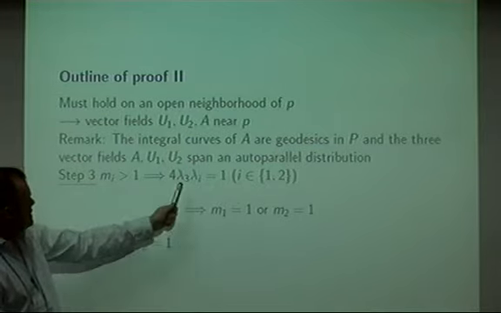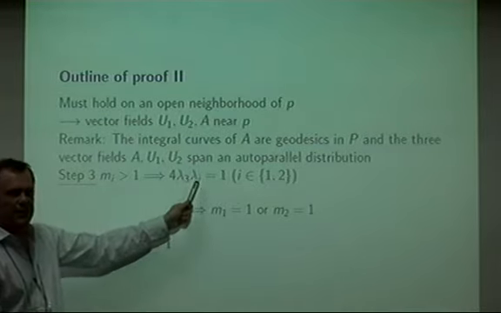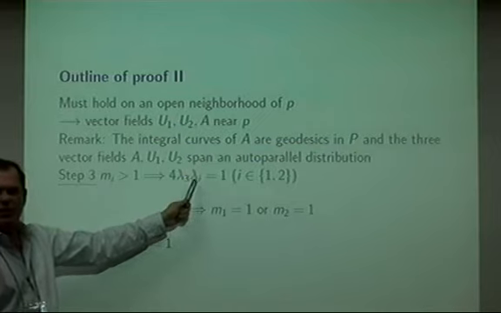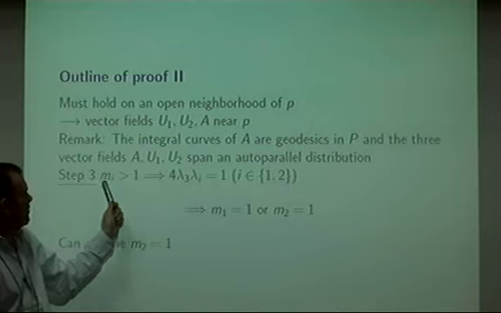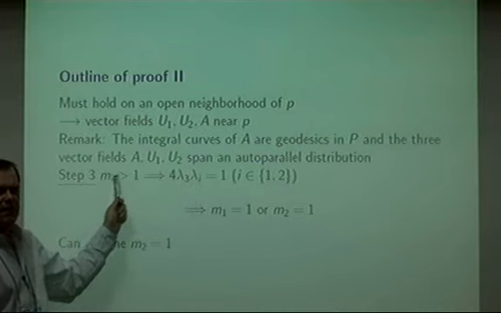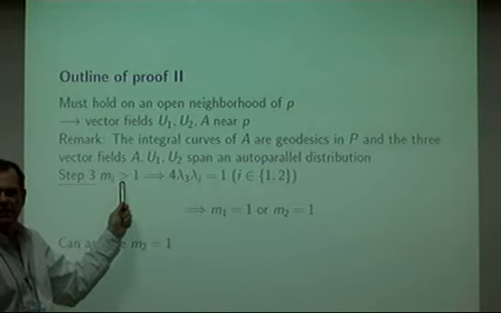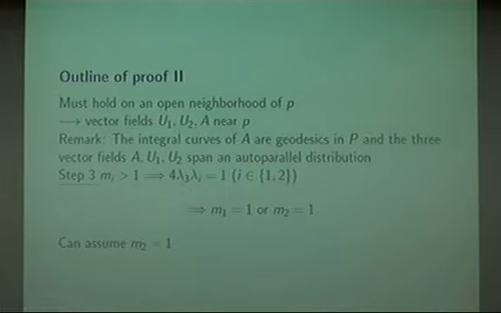But this must hold for lambda 1 and for lambda 2. Since lambda 1 and lambda 2 are distinct, we conclude that one of them must have multiplicity 1. So we can assume that, say, the second multiplicity is 1. That's a restriction we get.